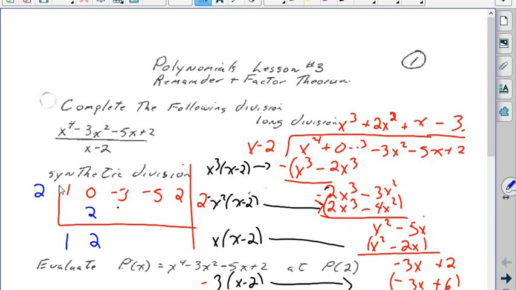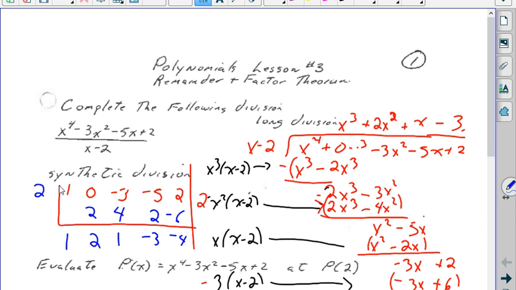Multiply 2 by 2, add them together. Multiply the 2 by 1, add them together to get minus 3. 2 by minus 3 is minus 6, and we end up with a minus 4. I'd much rather do this one.